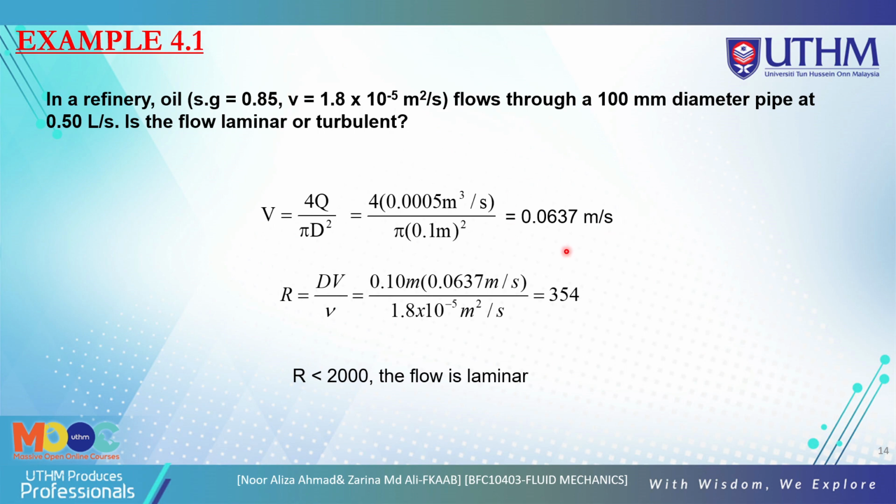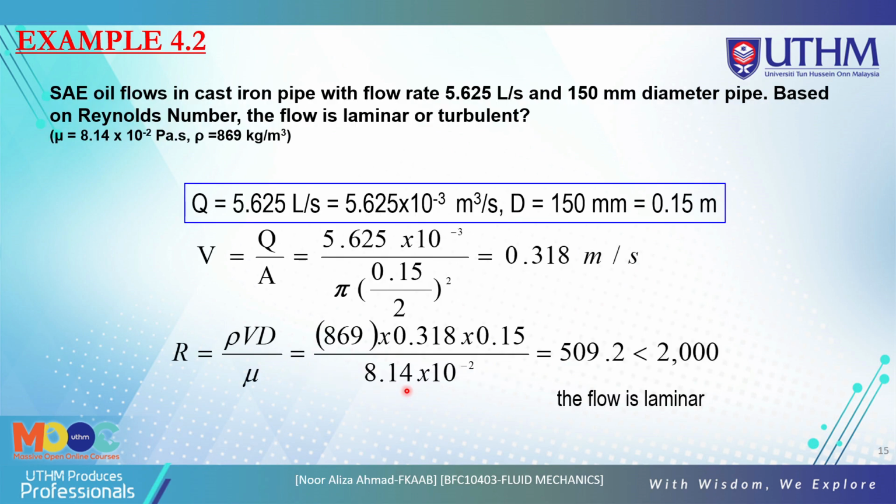So you get the velocity here, 0.0637 meter per second, and then you get the Reynolds number. Just put in all the values and you get the Reynolds number, 354, which is less than 2000. So the flow is laminar. Okay, look at example 4.2 here.